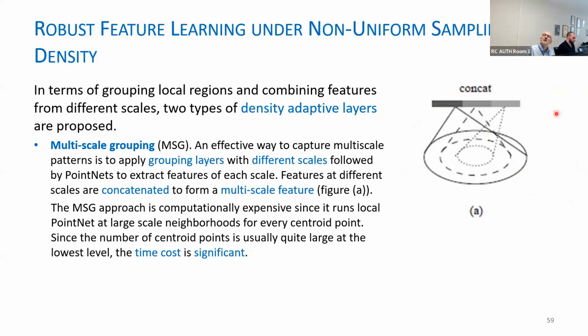In this case, different radii are selected, and then we extract features for different neighborhoods, let me say different scales, and then these are concatenated together. So this is called multi-scale grouping because at each level there is also this operation of adding different scales.